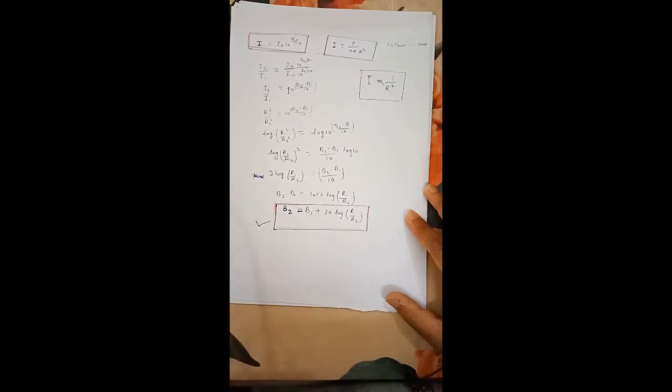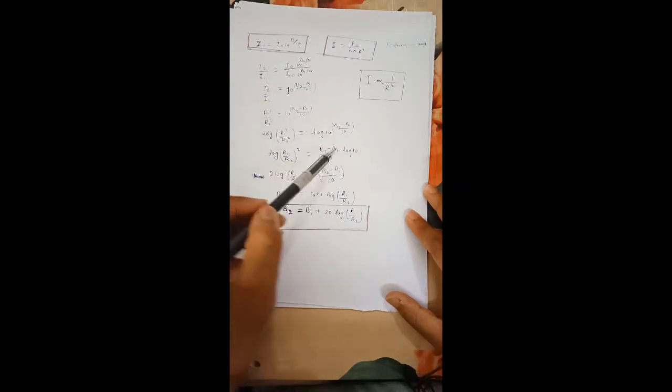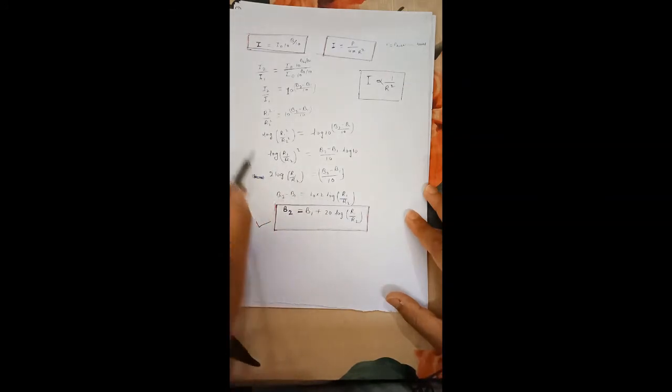This is also the important formula, and we have discussed it earlier. I2 by I1 is equal to I0, and if we take the ratio of this formula, putting the initial and after frequency I2 I1, then we solve by taking the log.